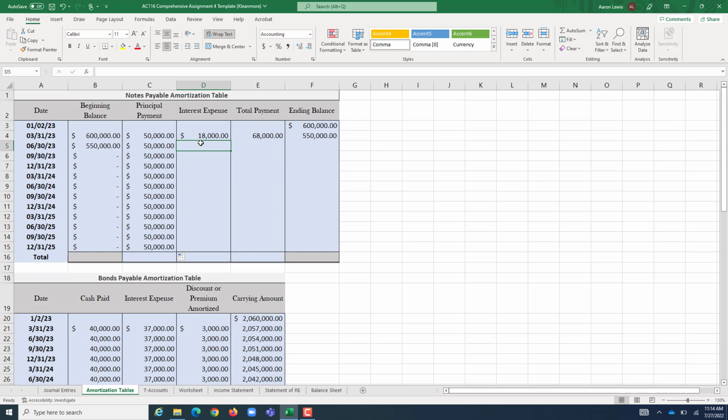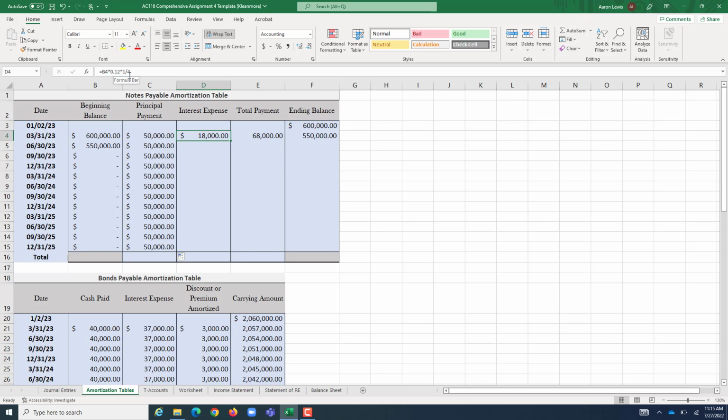Interest expense is always going to be equal to the beginning balance times the stated rate, and since they're always quarterly payments, times 1/4. So here our formula was cell B4, the beginning balance, times the stated rate of 12%, times that 1/4. Since I use a cell reference, when I fill handle, it's going to keep the 12% every time.